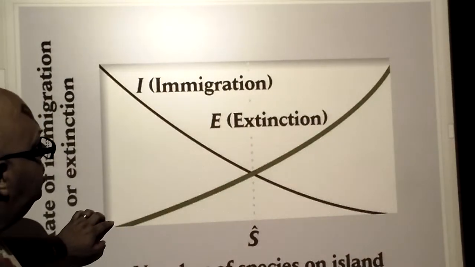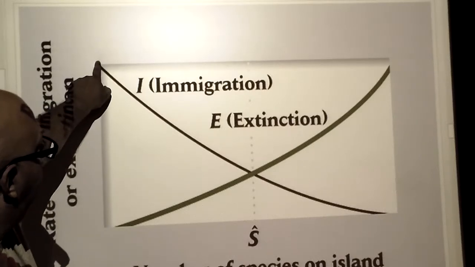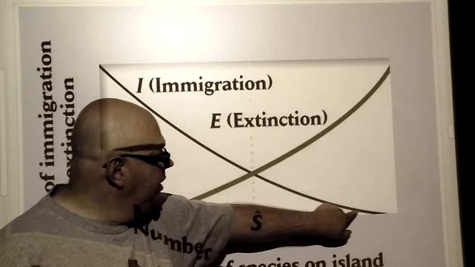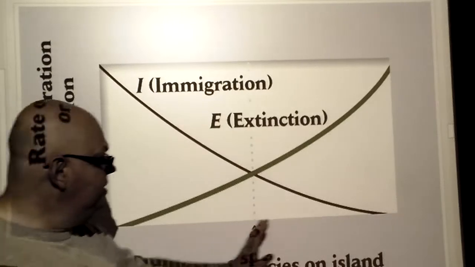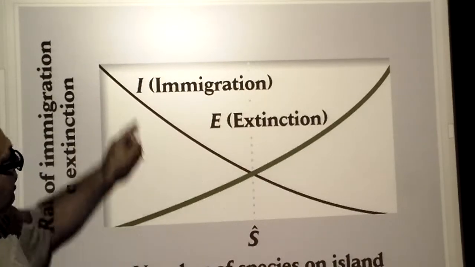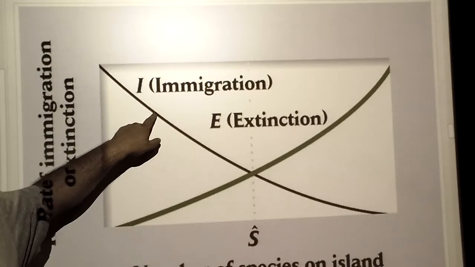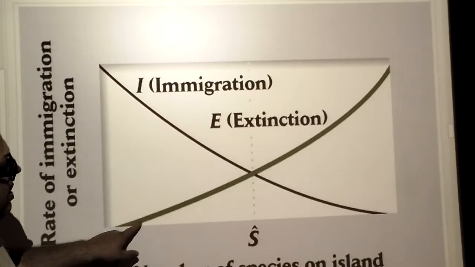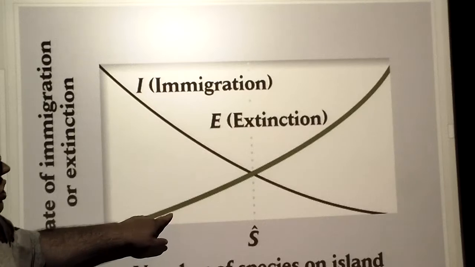So our immigration, in this case, this is the black line going down. And this is the number of species on the island. So the lower the number of species on the island, we have a higher rate of immigration coming in. You have not a high rate of extinction.